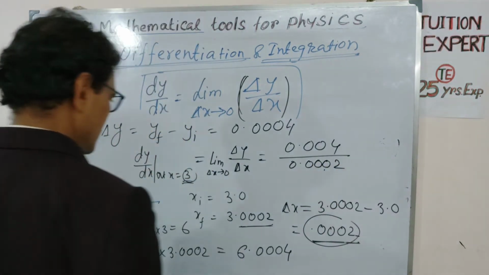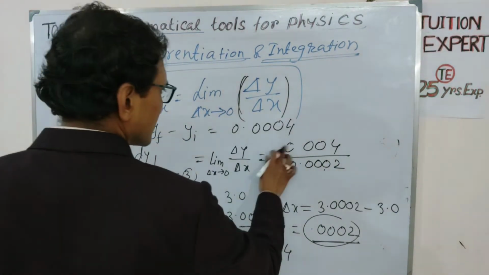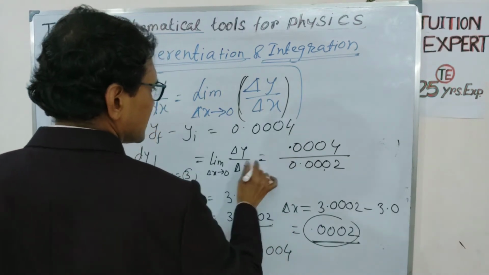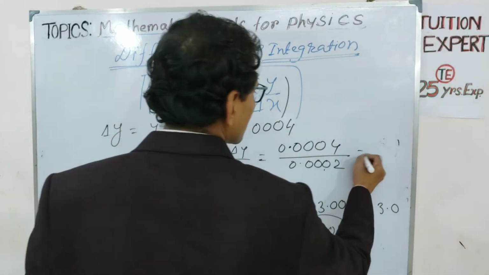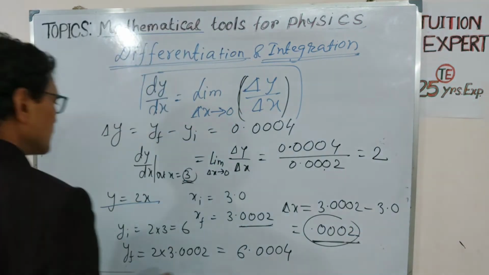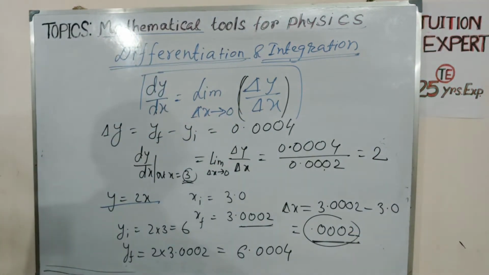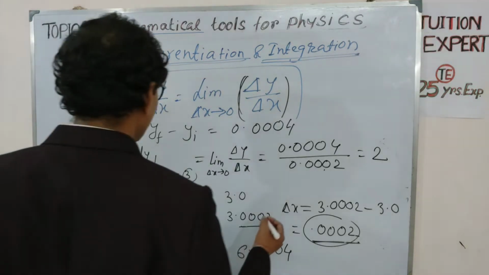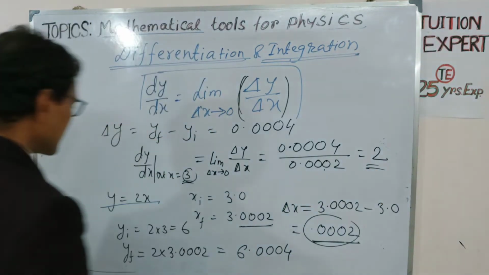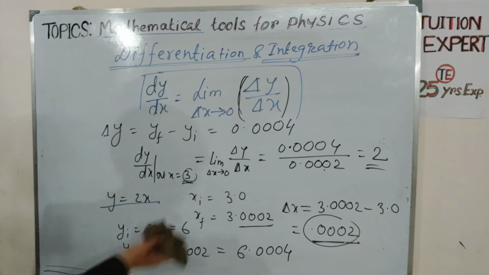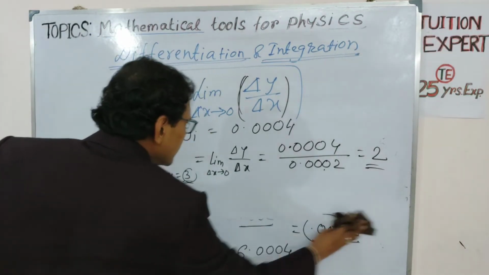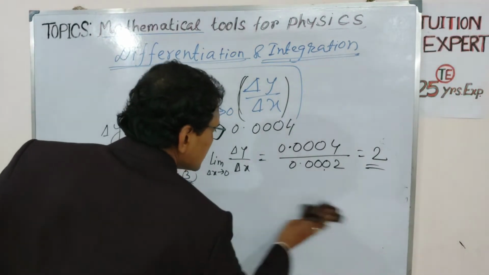So this becomes 2. Y is a function of x, so dy by dx becomes 2. This is the answer. Now if you know the formula of derivative, then this becomes 2.